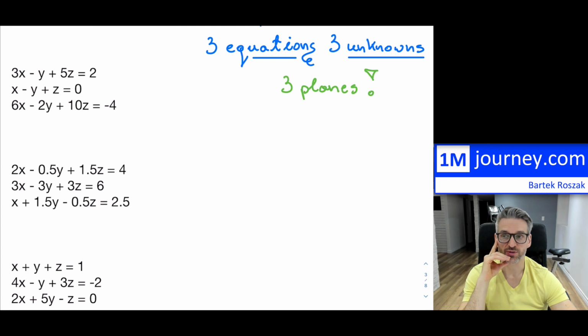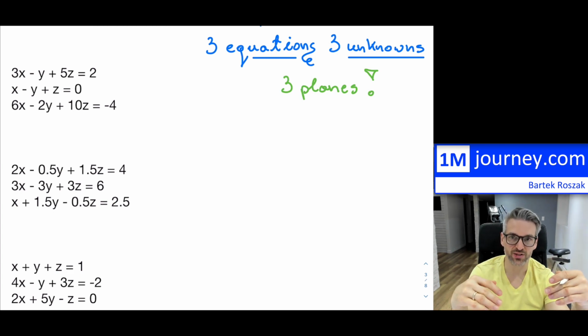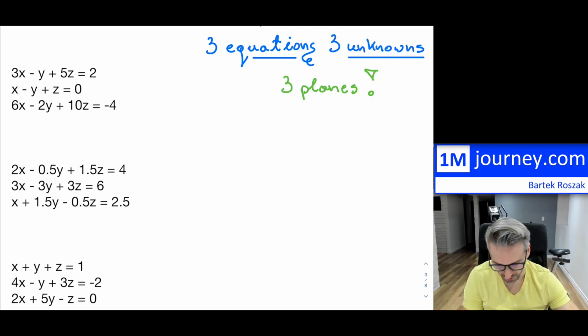Once you have this, you definitely do have the tools to figure out what happens to these planes: either they're intersecting or not intersecting, and if they are intersecting, how? So let's dive into these three examples to illustrate what the steps actually are. I'll take the first example.